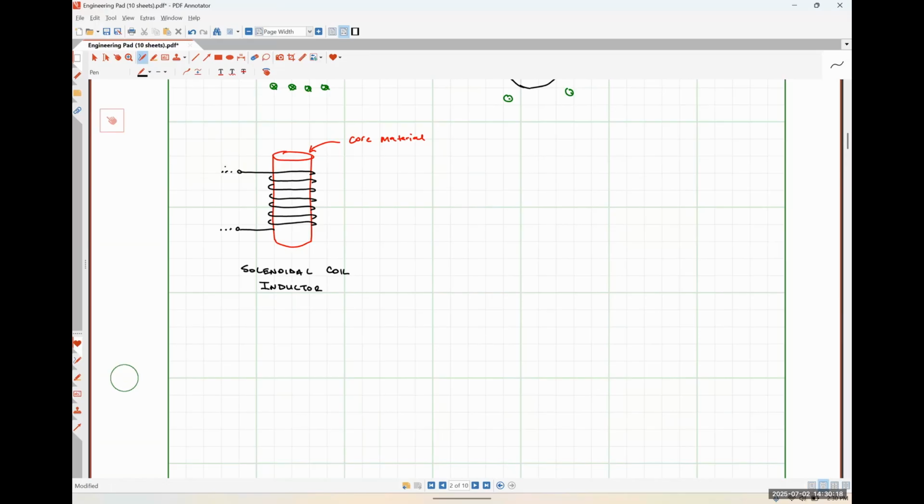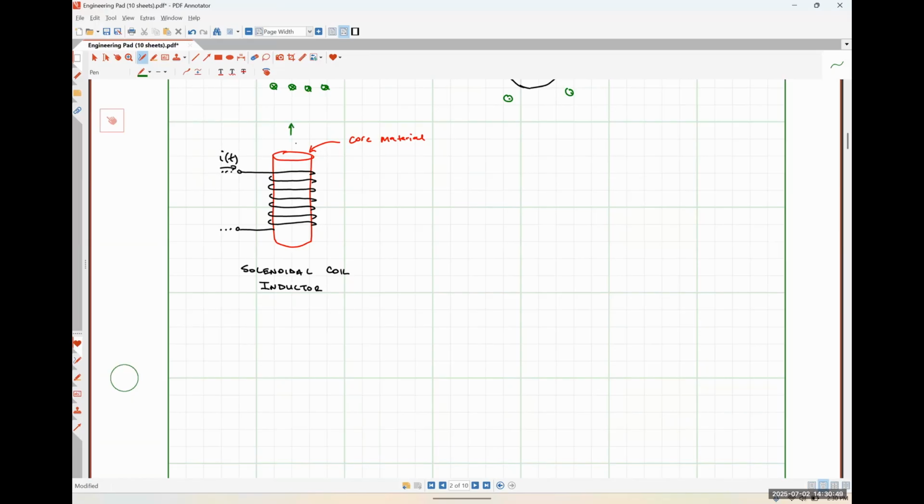If I pass some current I of t down the wire, we can think of this coil as just a stack of those current carrying rings. If our fingers are wrapping around in the direction that current is flowing, we should find that the magnetic field lines are going to be oriented like this.